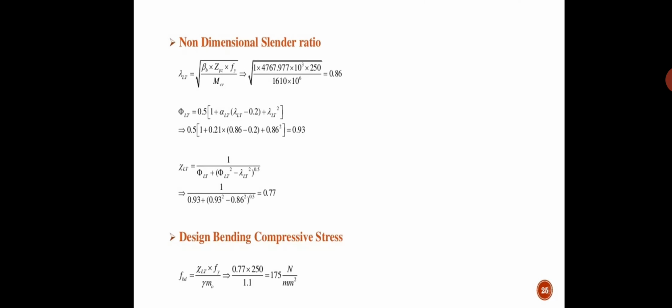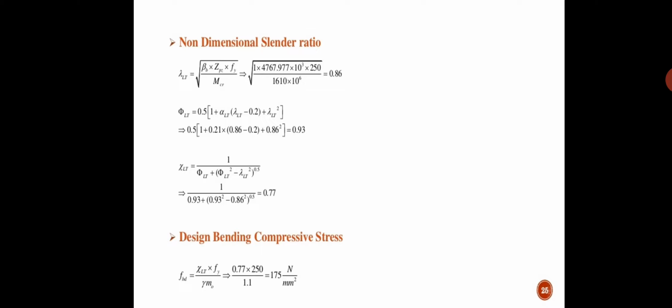Next we calculate the non-dimensional slenderness ratio denoted by lambda LT. The equation is given in our IS 800. Lambda LT is equal to under root of beta B into ZP into Fy divided by MCR. So in our plastic section beta B should be 1. So lambda LT is equal to 0.86. Then we find out phi LT, which is also given in IS 800.